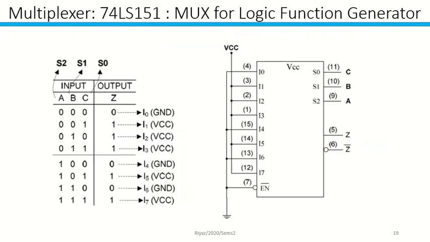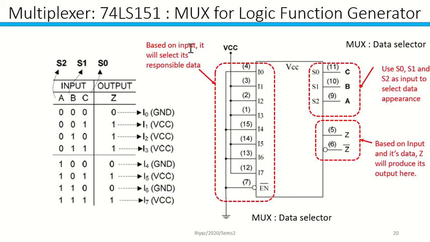This one is the mux as a logic function generator. This is very simple, straightforward. You're going to have an output over here, and this is your input, and this is your diagram. If you see over here, this is a repeat of the similar one before.